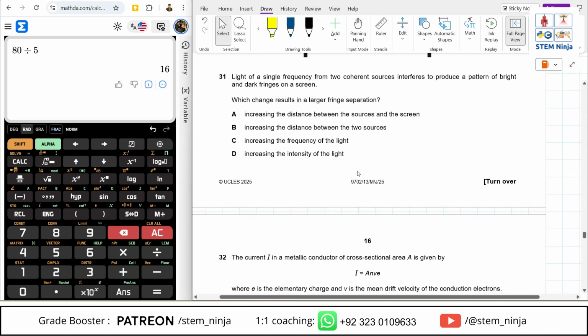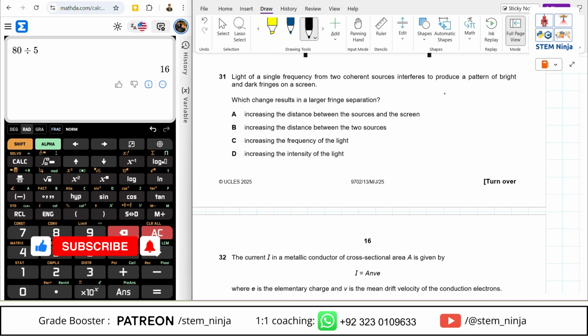Light of a single frequency from two coherent sources interferes to produce a pattern of bright and dark fringes on a screen. Which change results in a larger fringe separation? We had lambda is equal to ax over d.